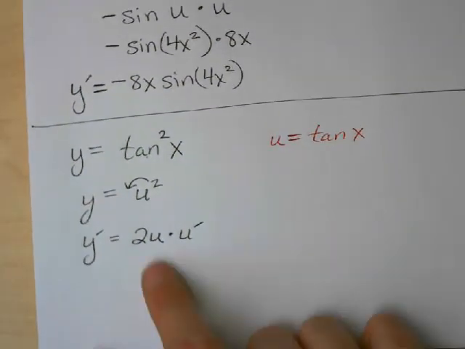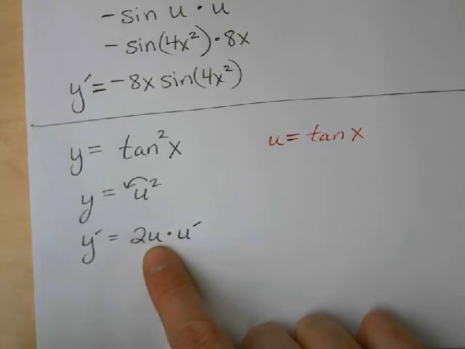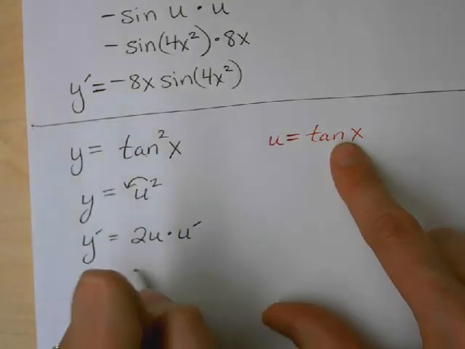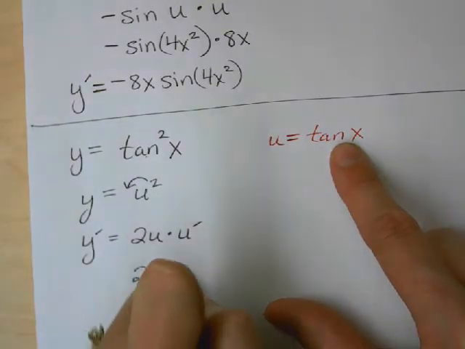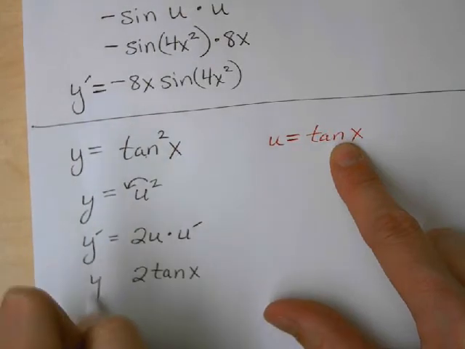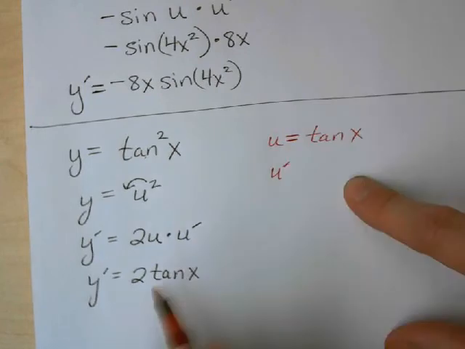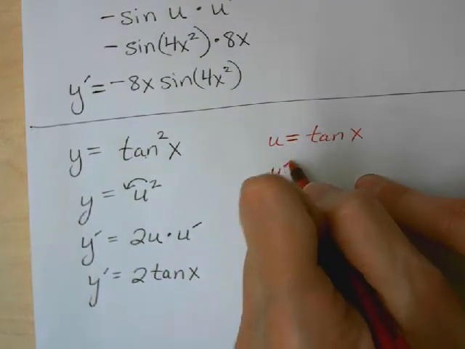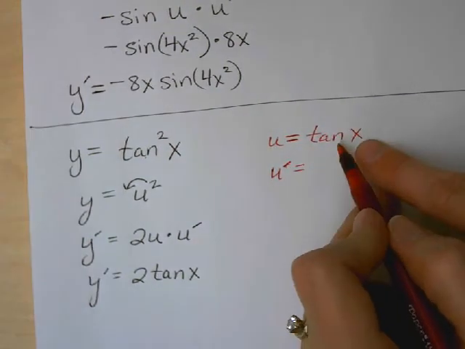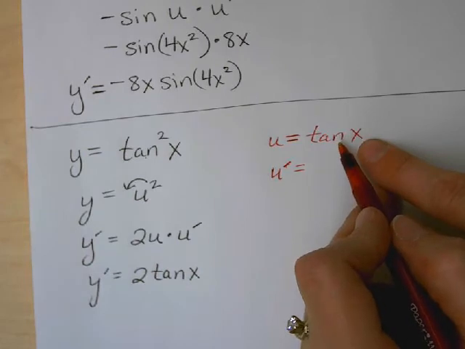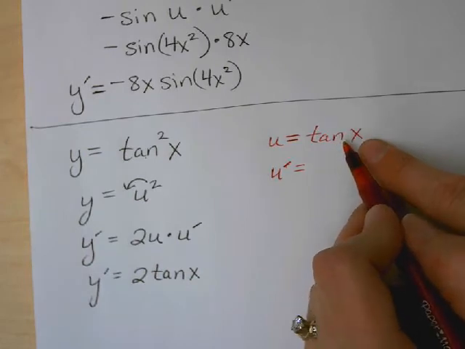Well, we know what u was. In our problem, we were saying u is tangent. So now it's like 2 tangent x. But what's the derivative of this u? u is tangent. So what's the derivative of tangent?